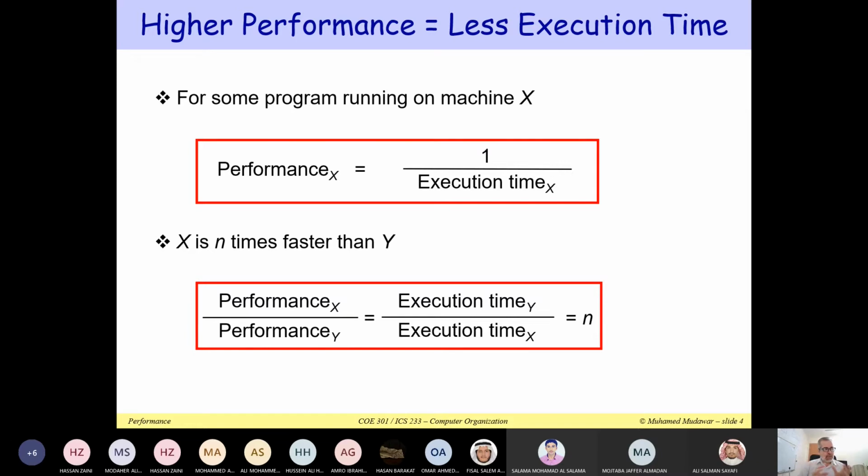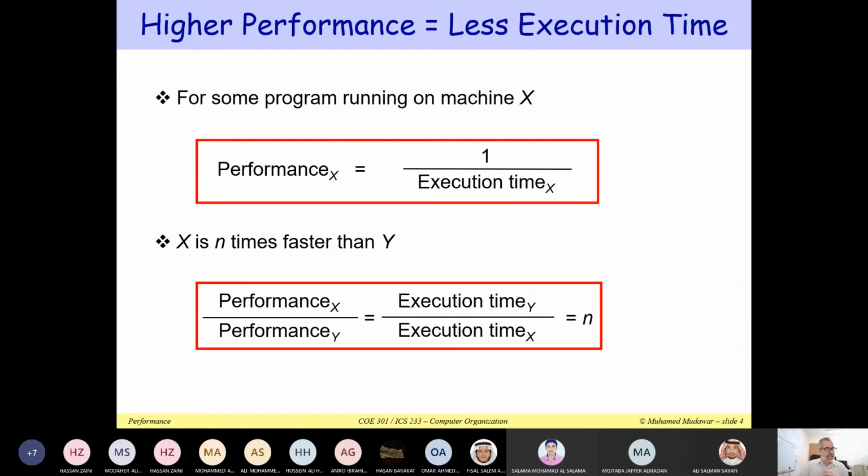Now, you can relate two computer systems, X and Y. You can take the same application, the same program, and run it on two different computers, X and Y. Now, we can say that X is n times faster. So how do we compare the performance of two computer systems, X and Y? We use division.